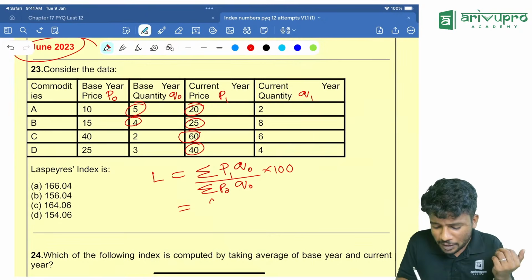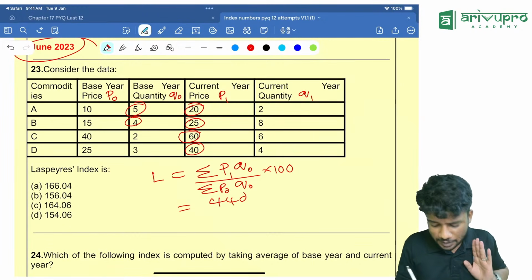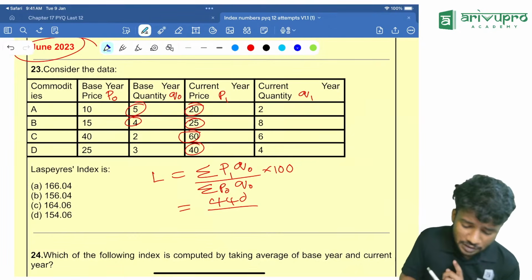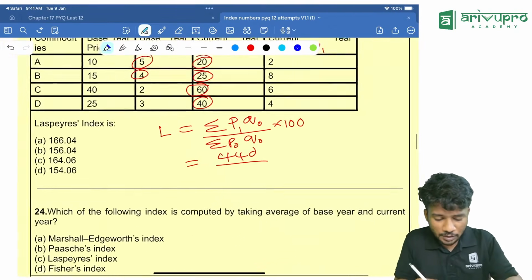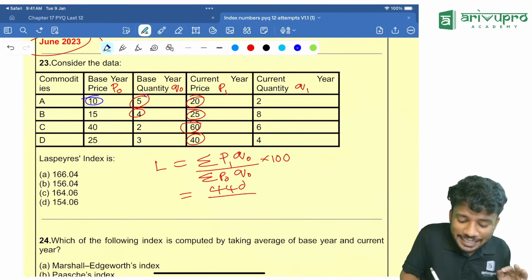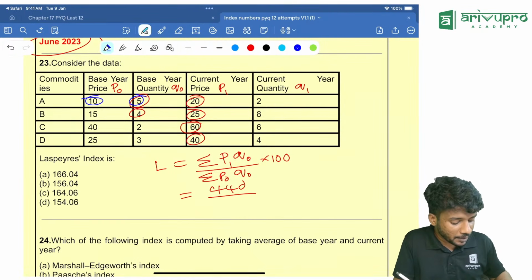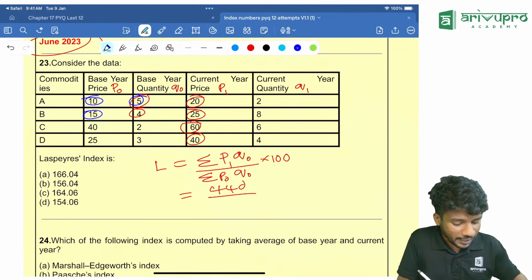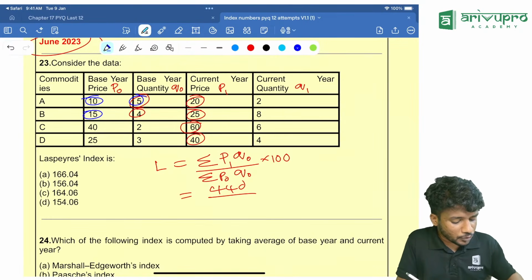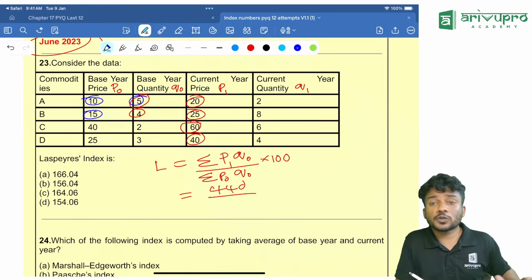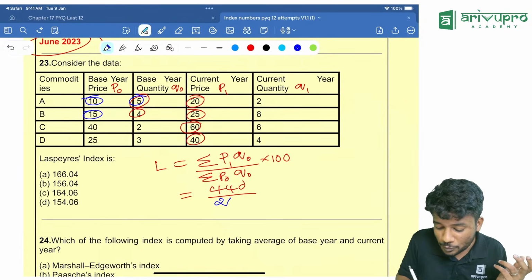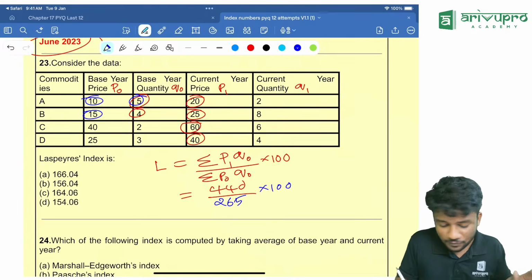The numerator is 440, divided by sigma P0 Q0. Clear the memory. 10 into 5 M plus, 15 into 4 M plus, 40 into 2 M plus, 25 into 3 M plus. Finally click MRC. The denominator is 265. Then multiply it with 100.